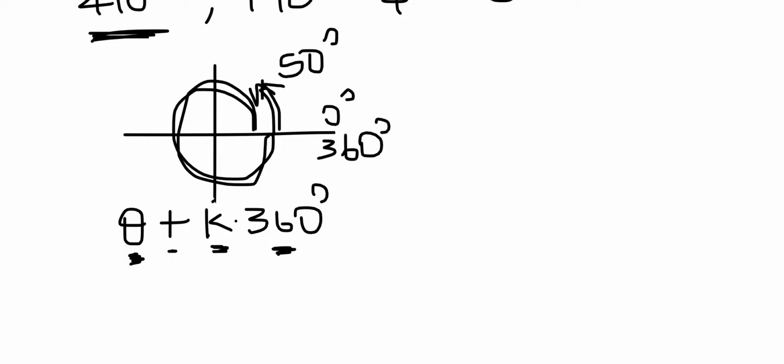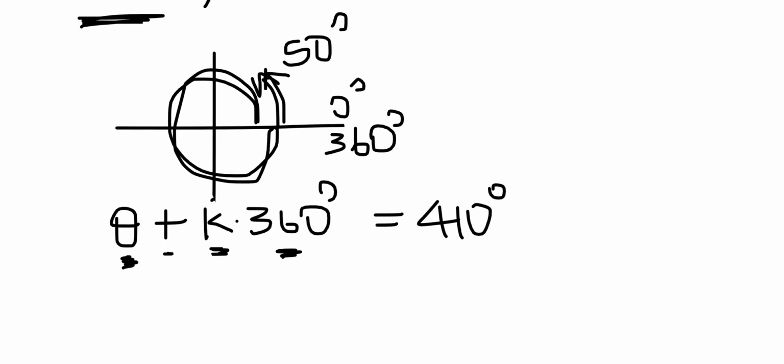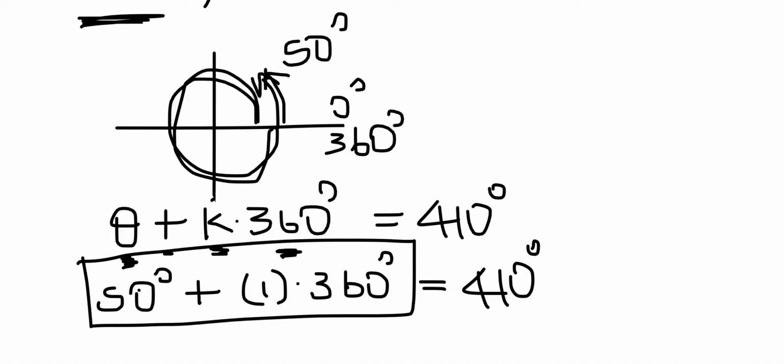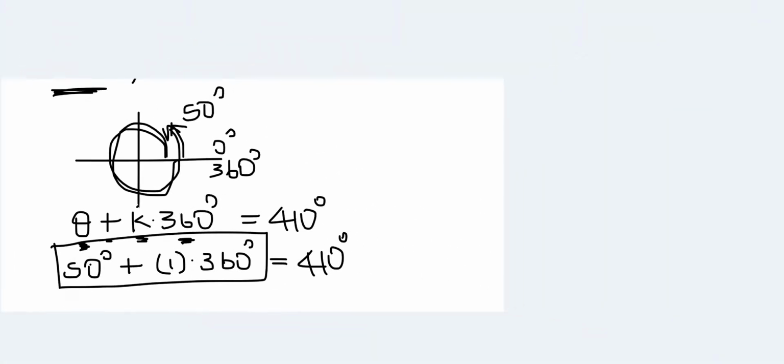So obviously that has to be equal to that 410 degrees. So it's like we are saying 410 degrees is the same as 50 degrees that we plus it by 1 of 360 degrees, and this is the one which is equal to 410. So can you see, we have just represented it in that format.